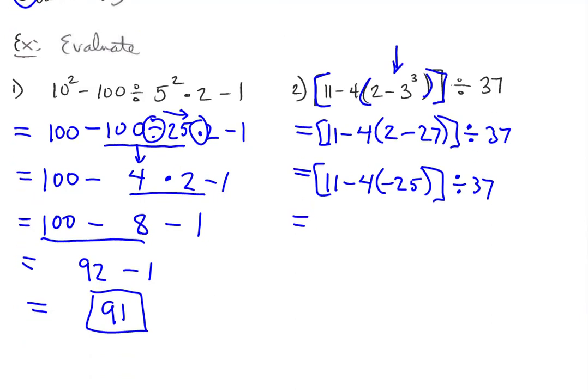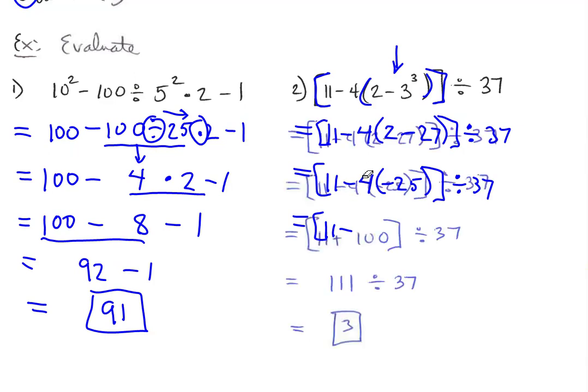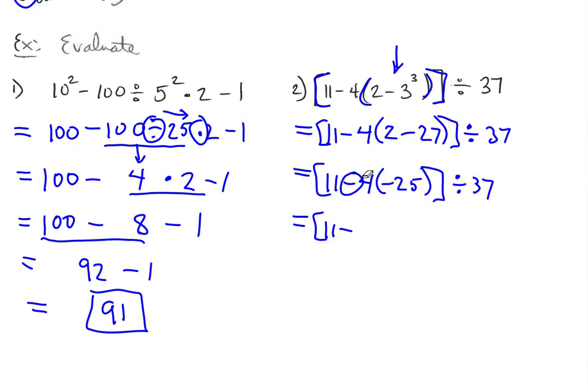So I'll copy this down again, where we have open bracket, 11 minus, now inside these brackets, we've already written the opening bracket for this. We see a couple different things. There's a subtraction going on between the 11 and the 4, and then there's multiplication going on between the 4 and the negative 25.